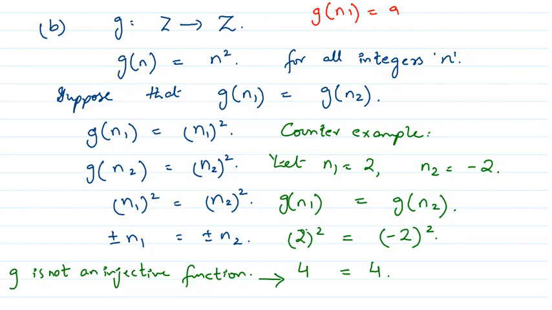They are different values, but the function is evaluating to the same value. So this is a procedure that you have to follow to prove whether a given function is injective or not, especially when we have infinite sets.